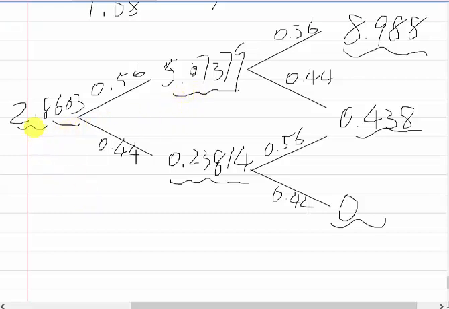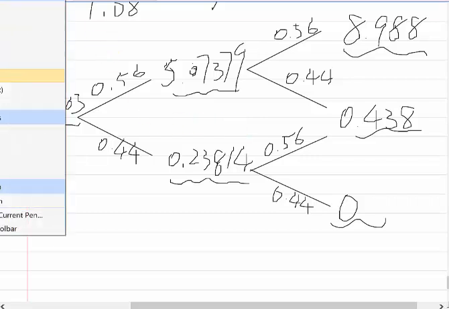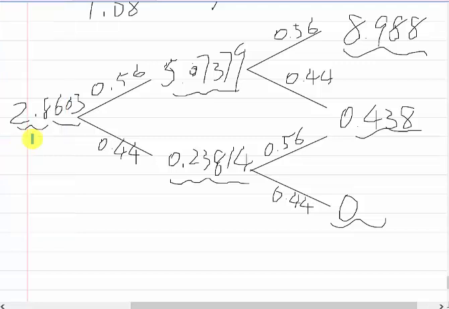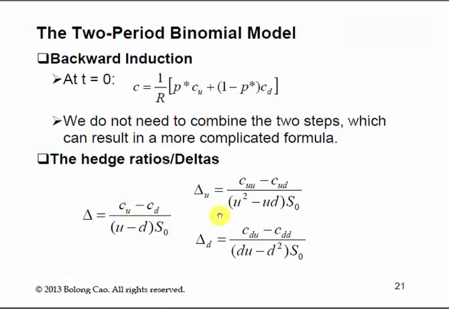At time 0, then time 1, there's upstate and time 1 downstate. At these three nodes along the tree, we can have different delta values.